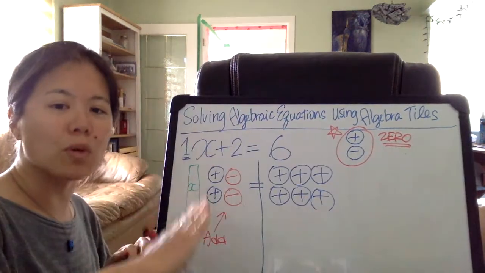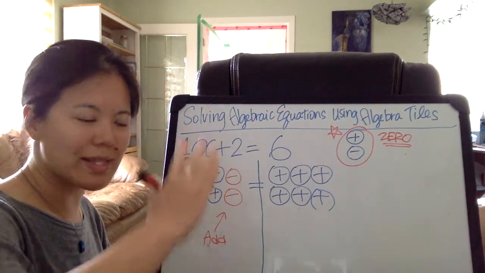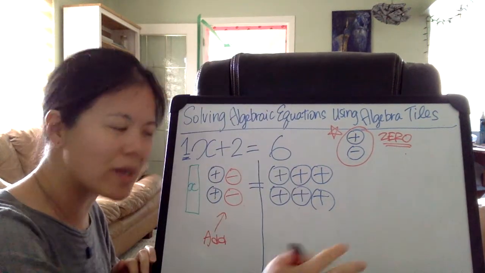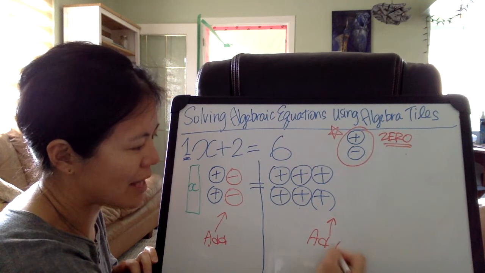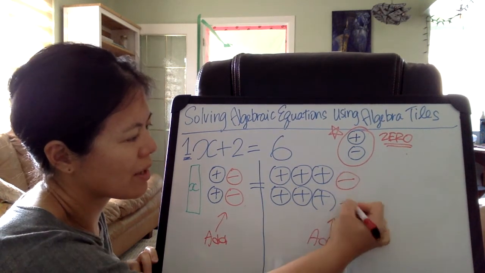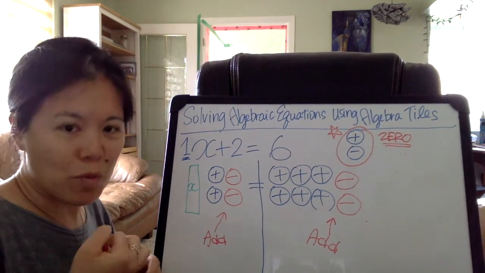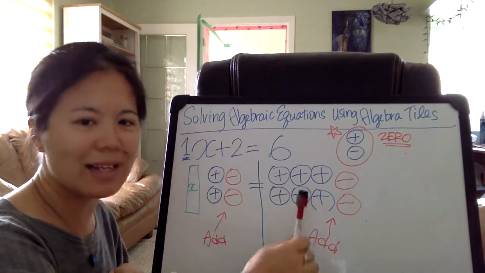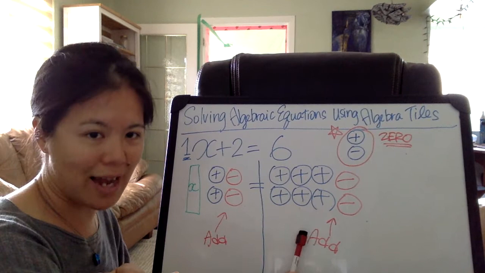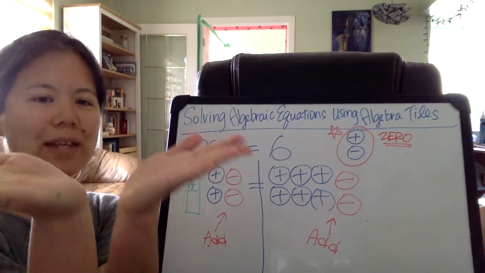Remember, if you do one operation to one side, you always have to do the same operation to the other side. So I'm going to add the same amount right over here. Once again, when you do one operation to one side, you have to do exactly the same operation to the other side, so the scale remains balanced.